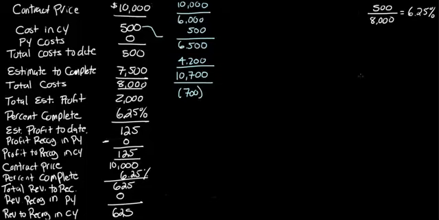At this point, I want to calculate the percent complete also. If you remember, it's how much we've spent to date, so that's $6,500, divided by the total estimate of what we're going to have to spend, $10,700, and that gives us our total percent complete at the end of two years.